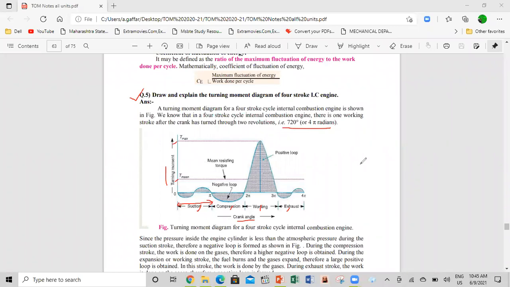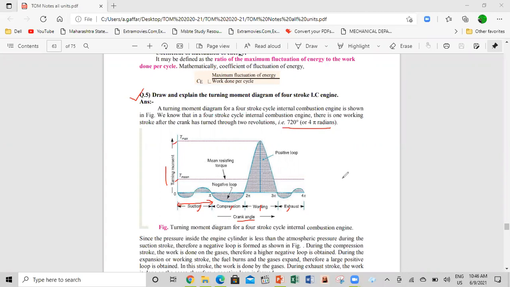Okay. So in this 4-stroke IC engine, here negative loops are shown. Which are the negative loops? Those below the minimum torque or below the zero line. These are the negative loops in the suction stroke, compression stroke, and exhaust stroke, because to perform these three strokes, the engine requires external energy.